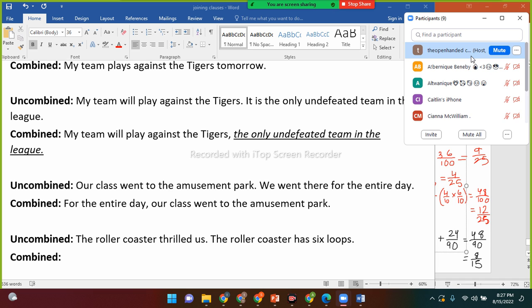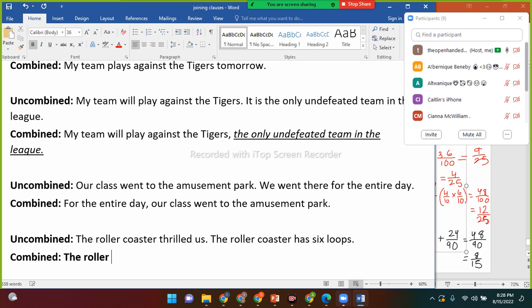You could use "and it thrilled us." That could work. So that's the phrase there: and it thrilled us. I was thinking the roller coaster, which has 6 loops, thrilled us. That's what I was thinking. But what you said could work as well.